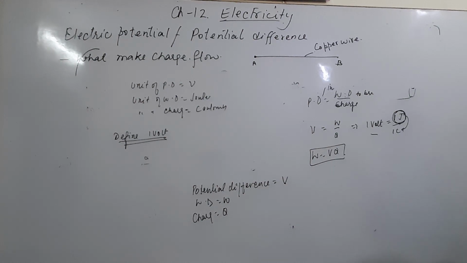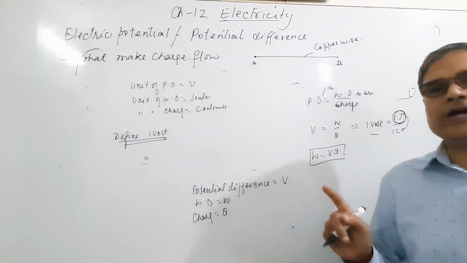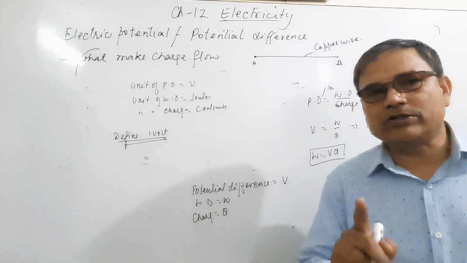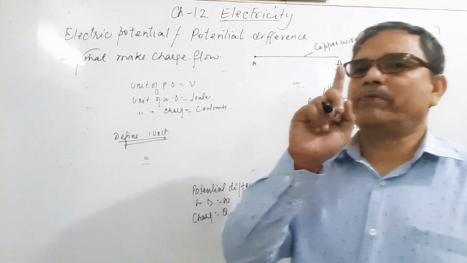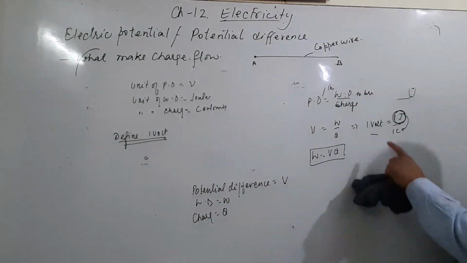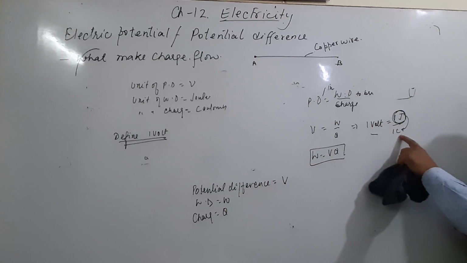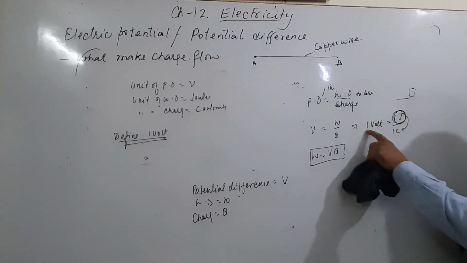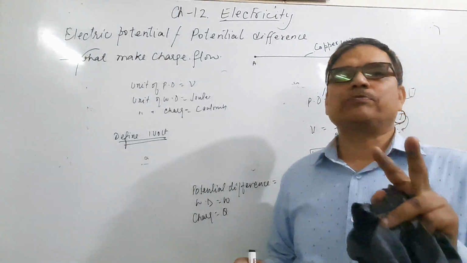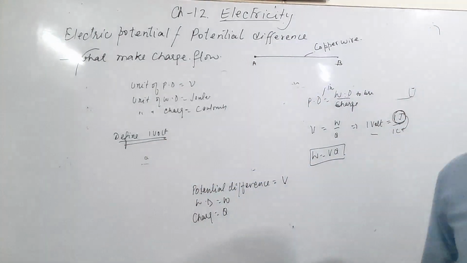If 1 coulomb of charge is brought from one point to another and the energy spent, the work done, is equal to 1 joule, then the potential difference will be 1 volt. Again, we can say that if 1 joule of work is done to bring 1 coulomb of charge from one point to another point, the potential difference between the 2 points is equal to 1 volt.